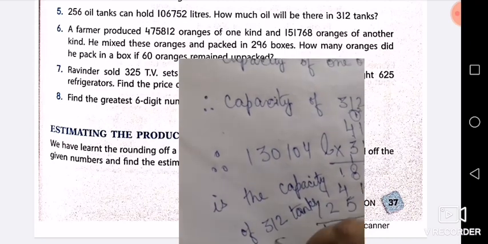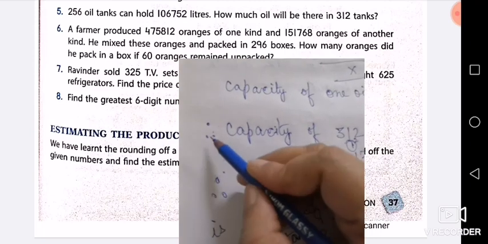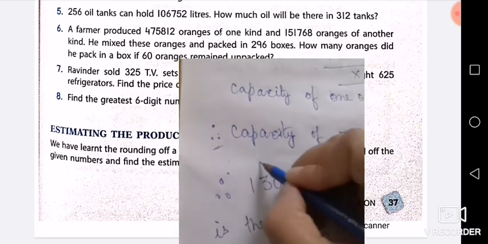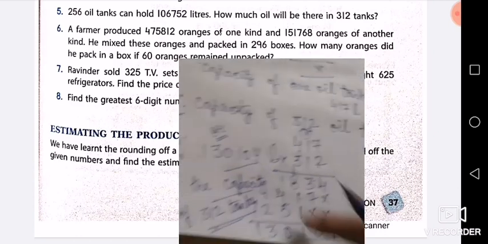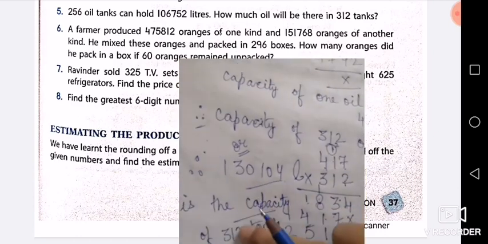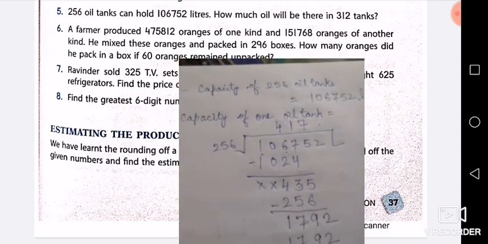Otherwise, if you have written here, that will be sufficient, or you can write it here, or in this way you can write. That is more than sufficient. Okay, I hope the question is clear.